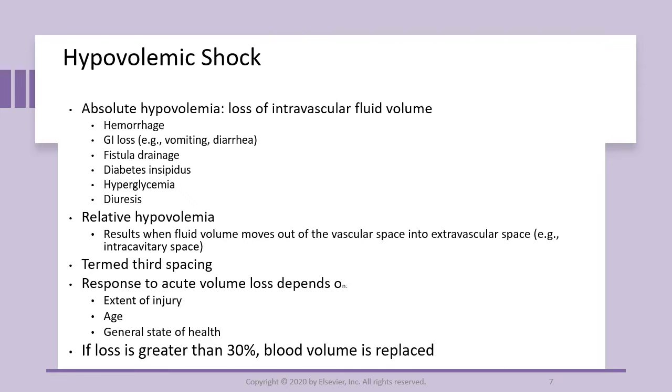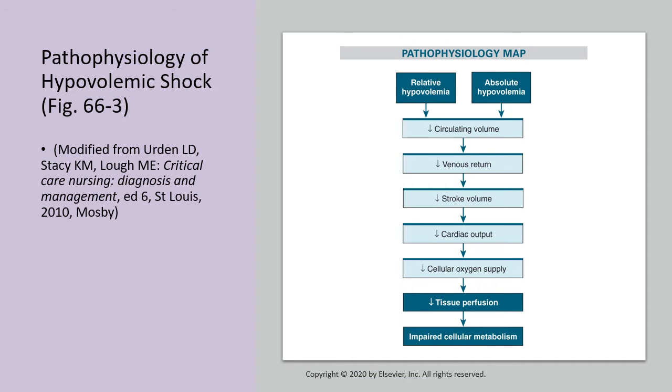This is Figure 66.3, and it shows the pathophysiology of hypovolemic shock. You can compare it to the pathophysiology of cardiogenic shock. Whether the loss of intravascular volume is absolute or relative, the physiologic consequences are similar.